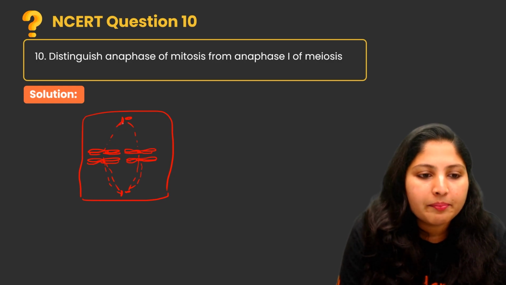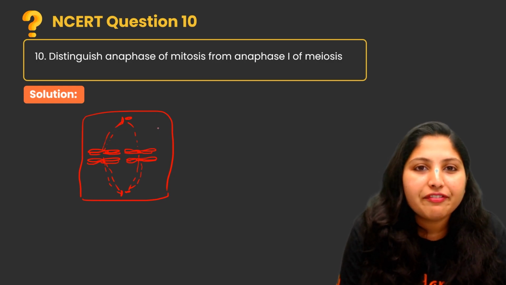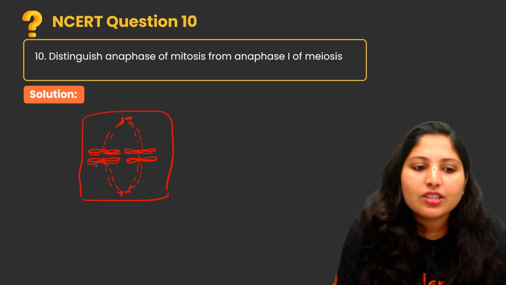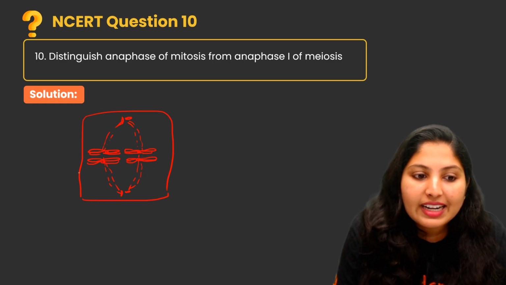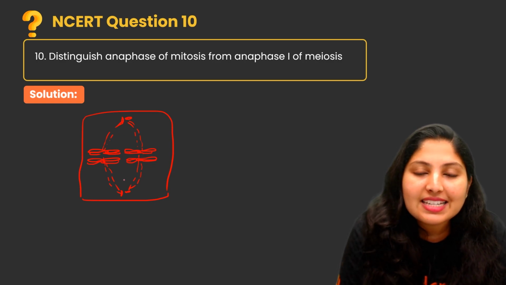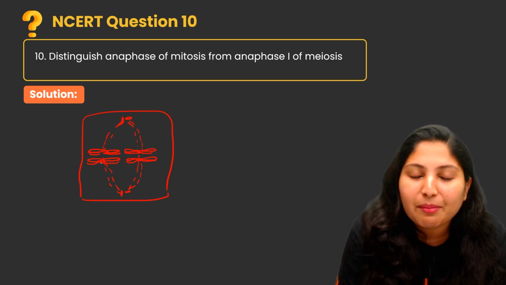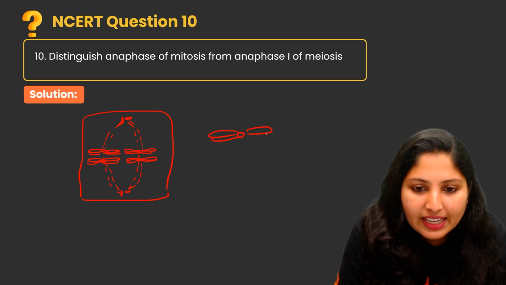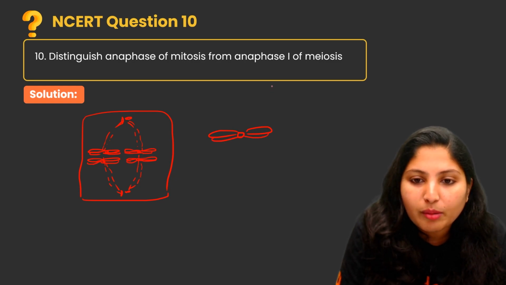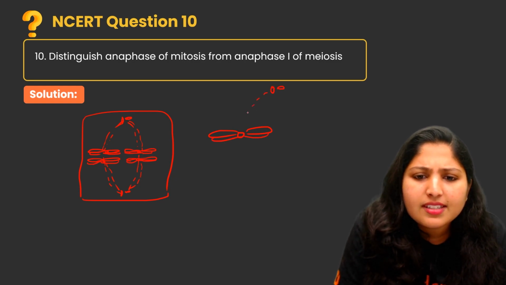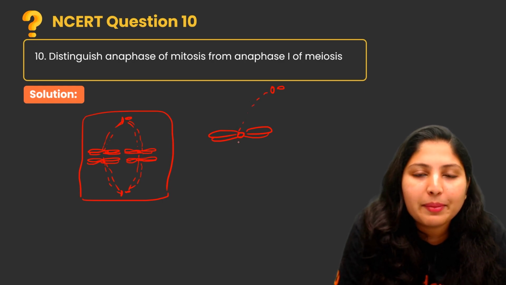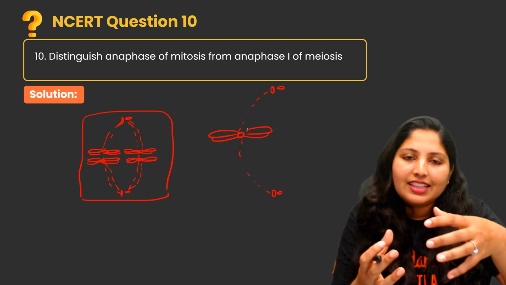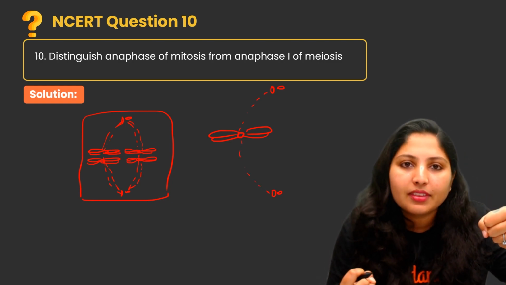In anaphase of mitosis, for each chromosome, from either side a spindle fiber comes and attaches. For each chromosome, from each centriole, there will be a spindle fiber attaching.